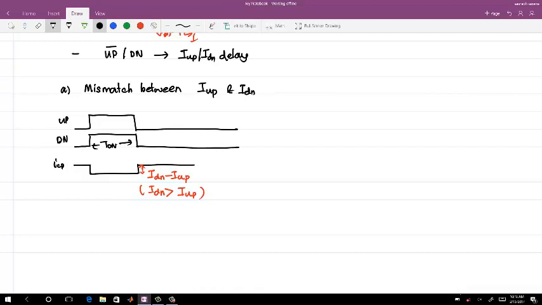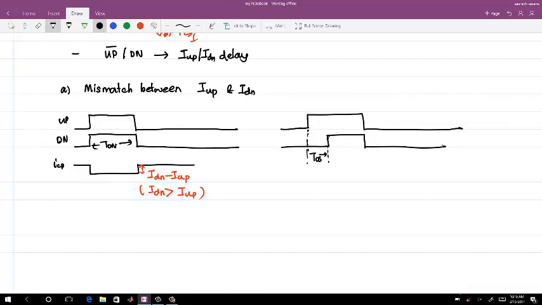That should lead for some time, which means that in the locked state, the up and down signals will actually have an offset. They will not lock to a zero offset.